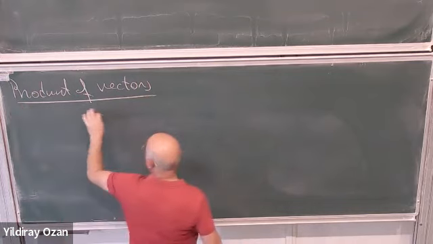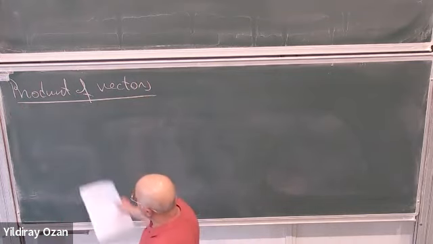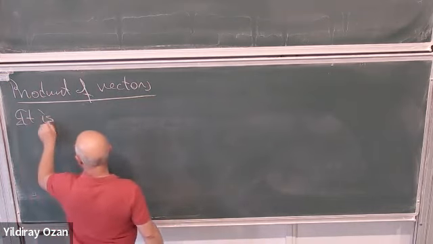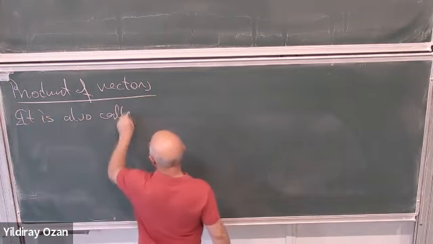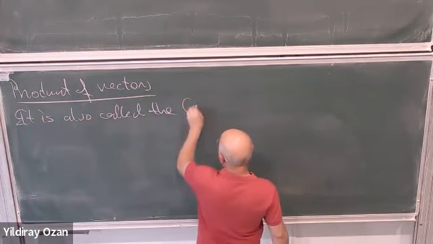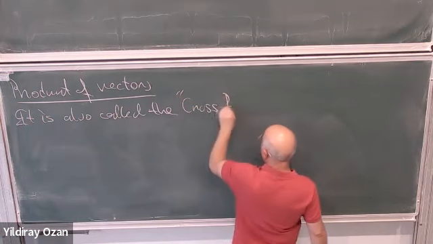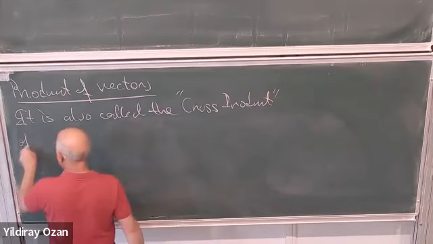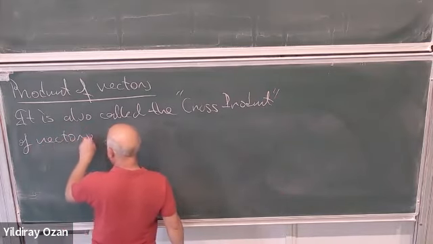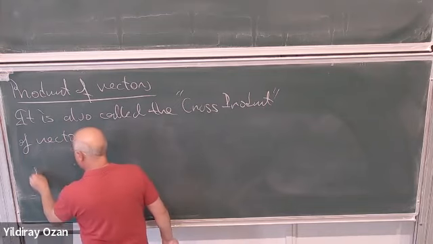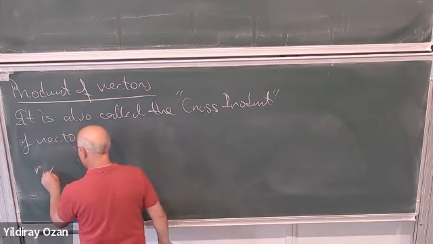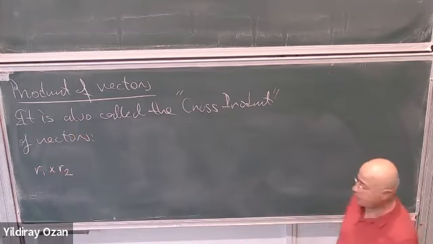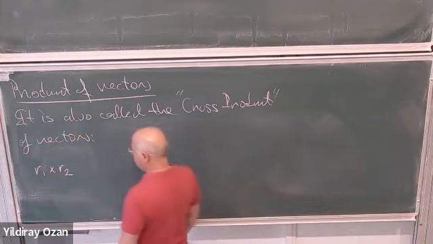We also call this the cross product of vectors. So if you have two vectors R1 and R2, their cross product is another vector.